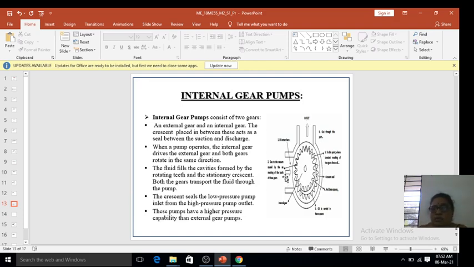That's how the fluid enters into the pump casing. Here there is an impeller, and gears are arranged in such a way that one is inside the other. There is a crescent seal as fluid enters into the casing, due to the rotation of the impeller.